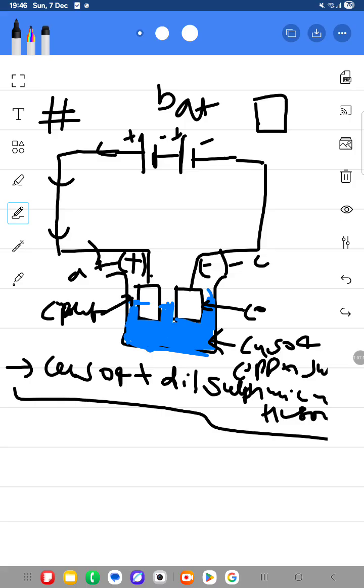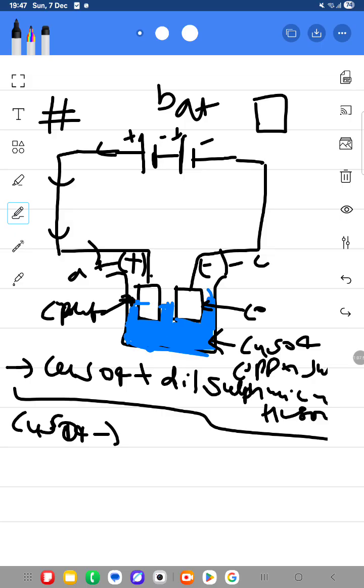After some time, when electricity flows through it, this CuSO4 solution will start breaking into ions, because we have studied that when we pass electricity through a conducting liquid, electrolysis will start. The electrolysis process means the separation of a solution into its ions.